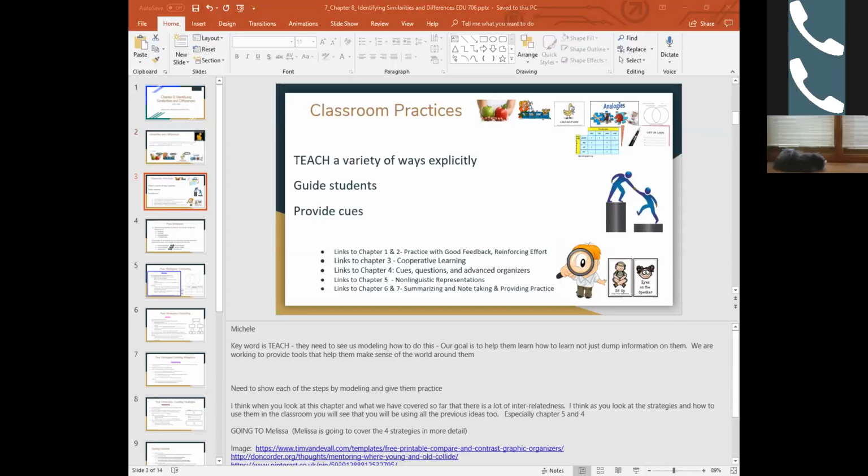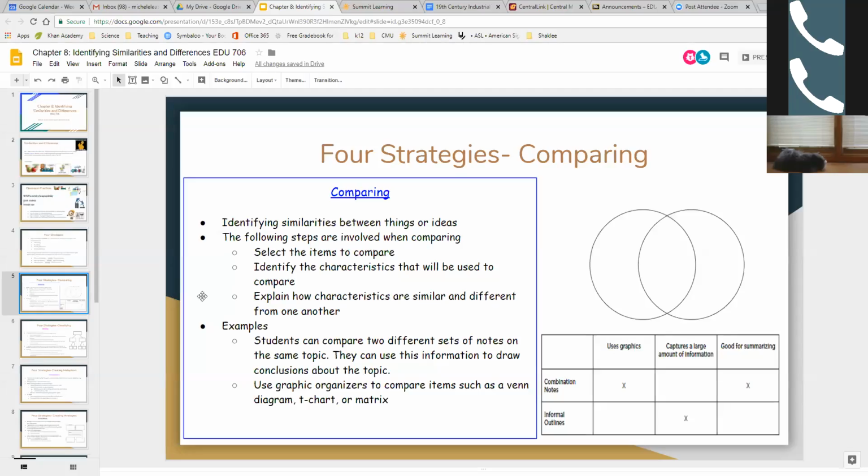Did you change the slide, Michelle? I did. Hold on. It's still showing us classroom practices on here. I'm going to stop sharing and then share again. Sometimes it gets a little glitchy. Is it now showing the strategies? Yeah, we can start at this one.